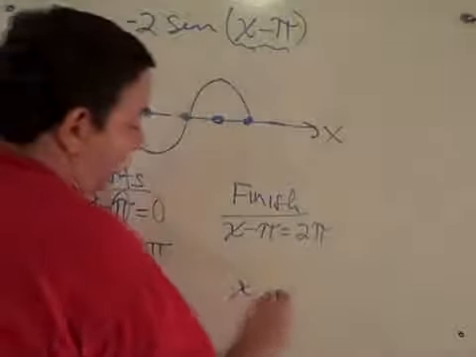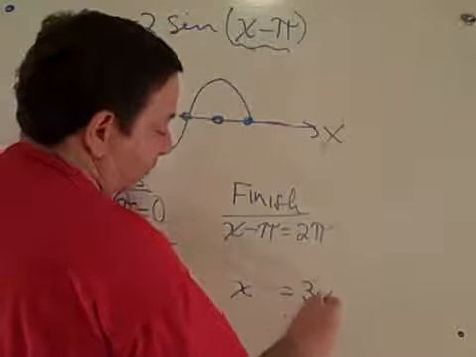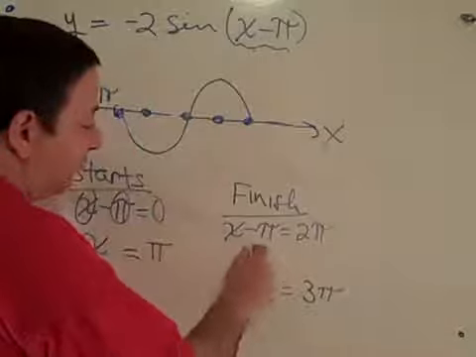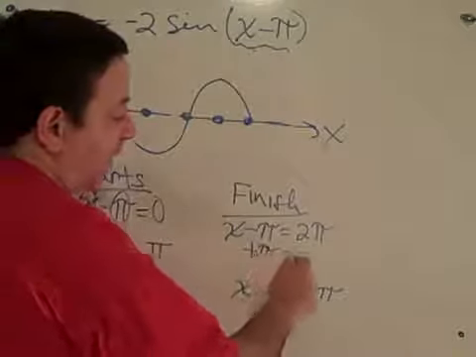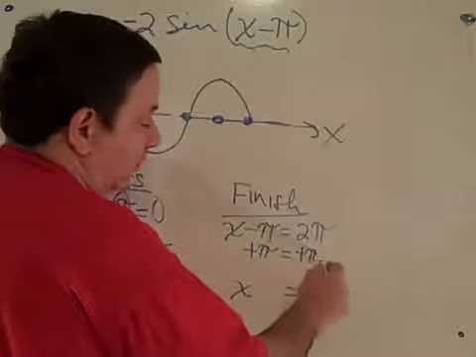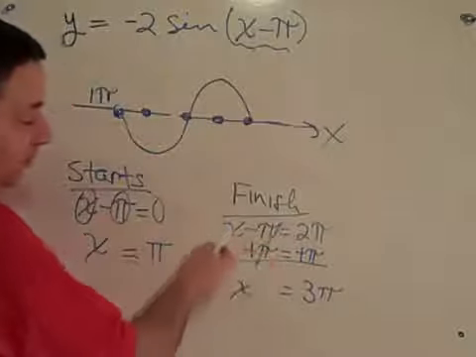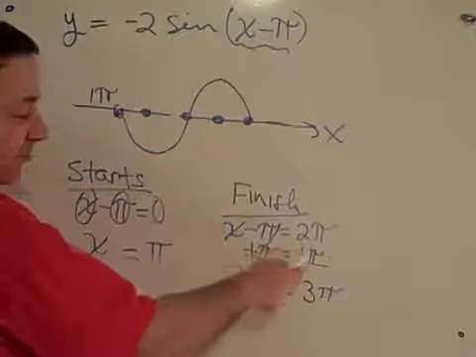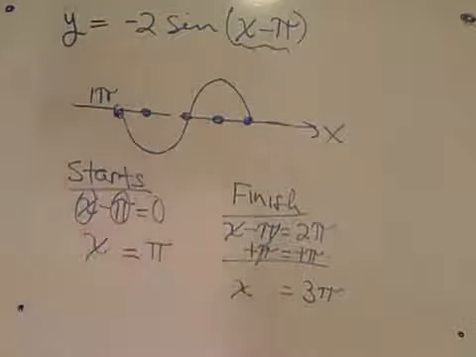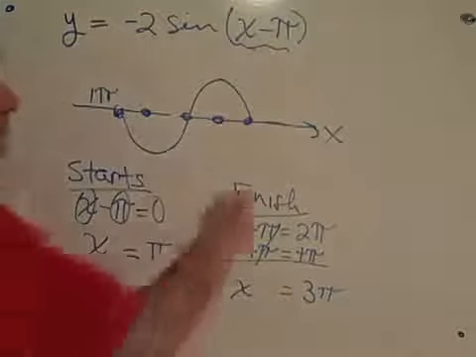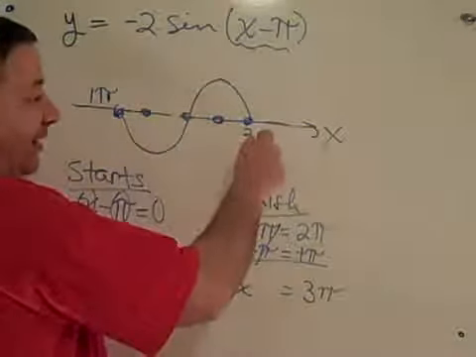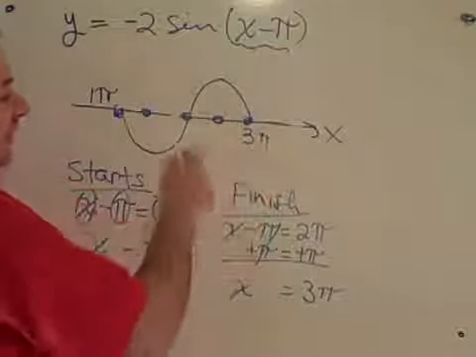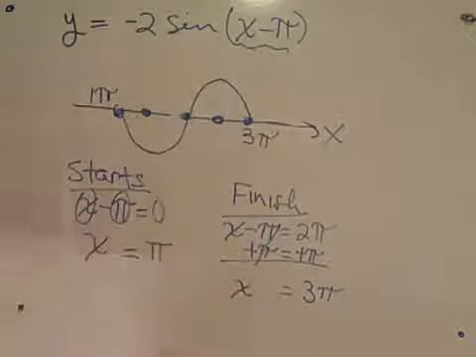That is, x is equal to 3 pi. If you insist, you can add pi to both sides. But the bottom line is the left side is going to be x and the right side is going to be 3 pi. That's the finish. Now, what's in the middle?